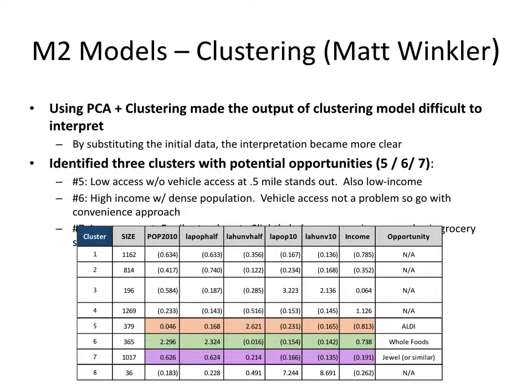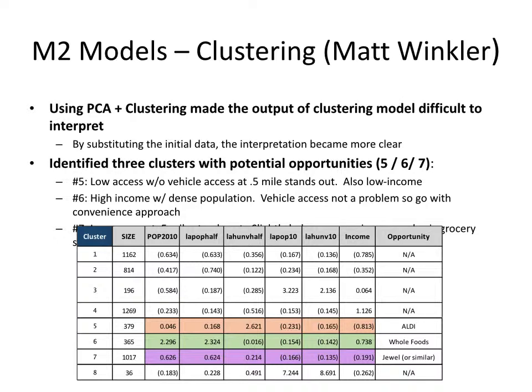Cluster 6 was a high income area with a dense population. And it also appeared that while there were a significant number of individuals with low access to supermarkets, vehicle access wasn't a problem. So we'd suggest a differentiated approach, something like Whole Foods catering to those high income folks.